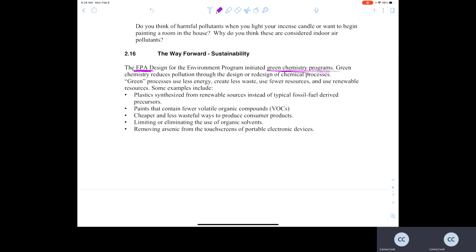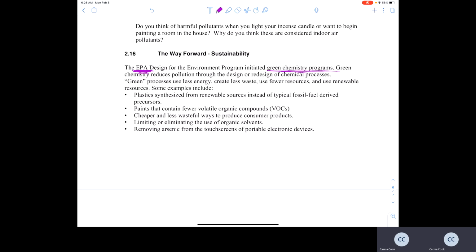Even if you are a science major or a scientist, in your busy, hectic, everyday lives, a lot of this stuff you don't think about or even ask questions about. But it should be good to know that here in the United States, we have an agency like the EPA that is looking at things like whether or not there's arsenic in touchscreens of cell phones, to help keep us safe.